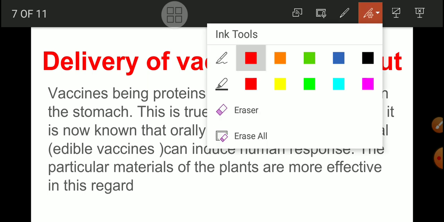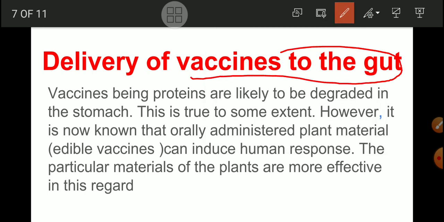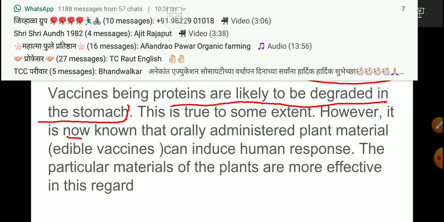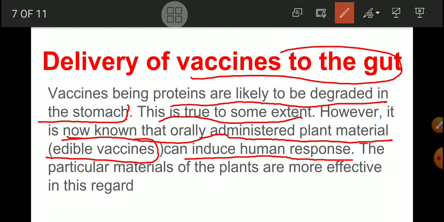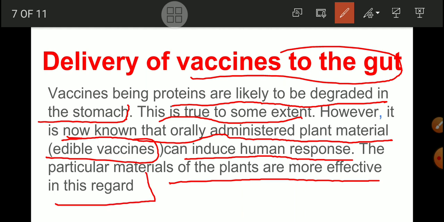Now, in the case of delivery of vaccines to the gut, vaccines being proteins are likely to be degraded in the stomach. We know that in our stomach many digestive enzymes are there, so the vaccine, being a protein, can get digested in the stomach. This is true to some extent. However, it is known that orally administered plant material, meaning edible vaccines, can induce a human immune response. Particular plant materials are more effective in this regard, so we can overcome that problem.